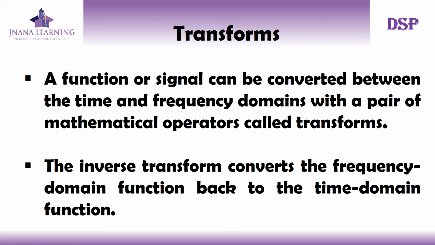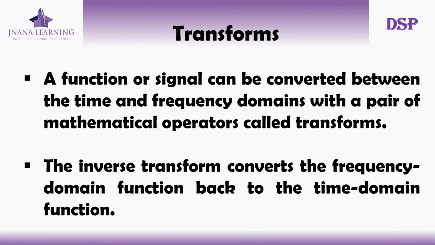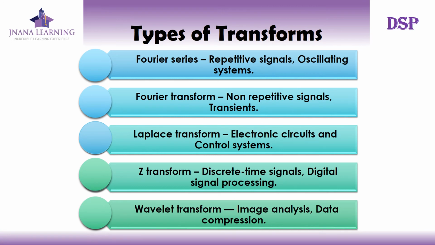Let us see which types of transforms are commonly used. These are the transforms: Fourier series, Fourier transform, Laplace transform, Z transform and wavelet transform. Fourier series is mainly used for repetitive or periodic signals and oscillating systems.